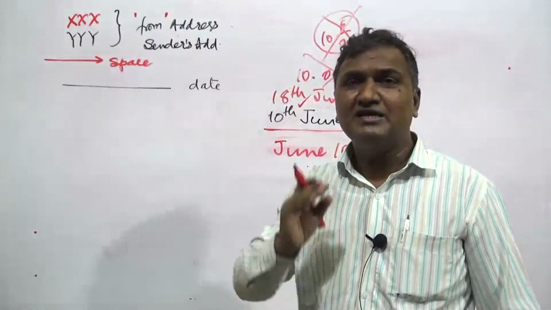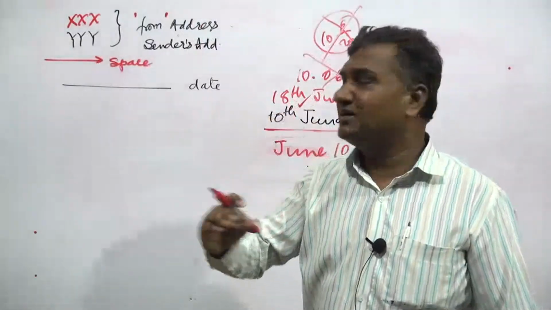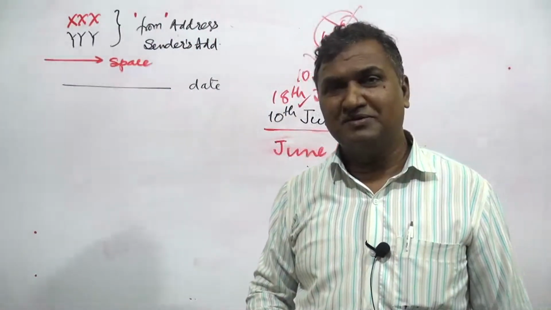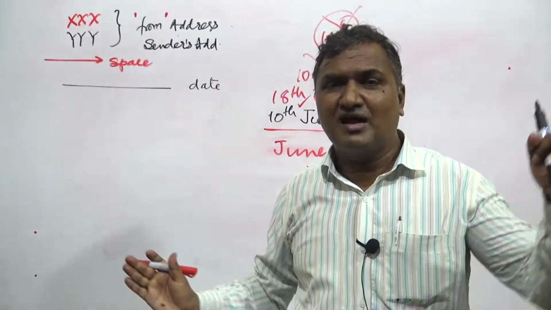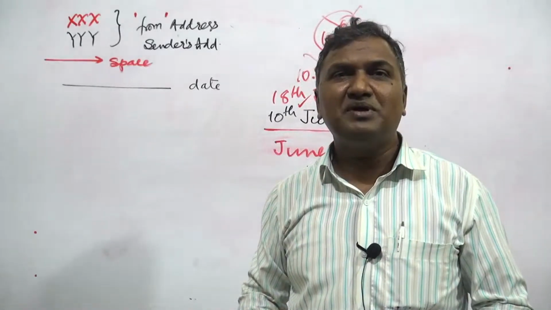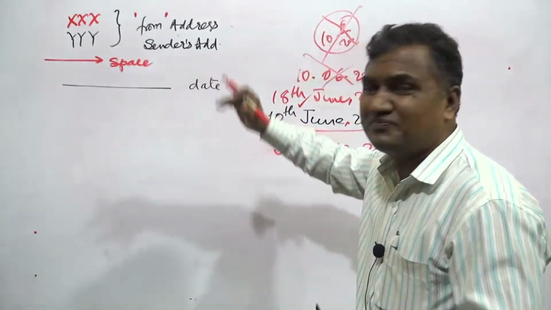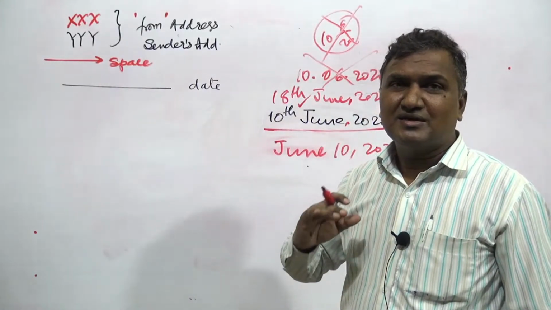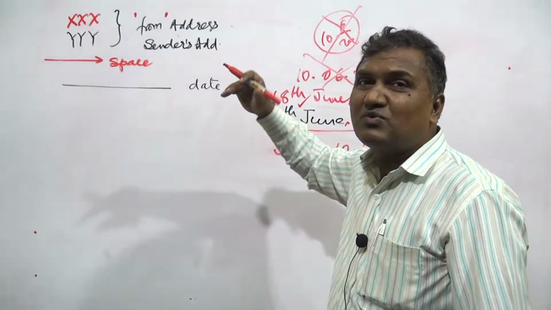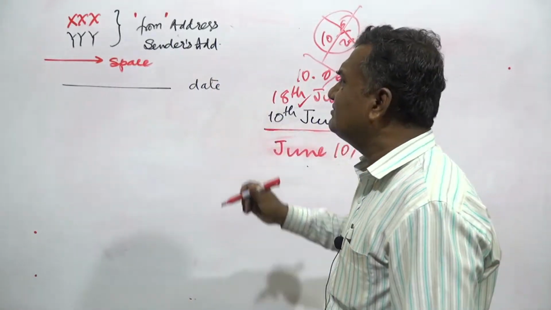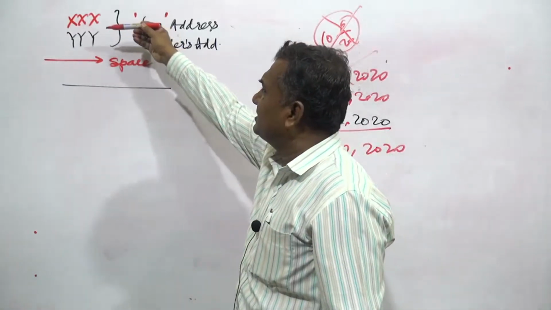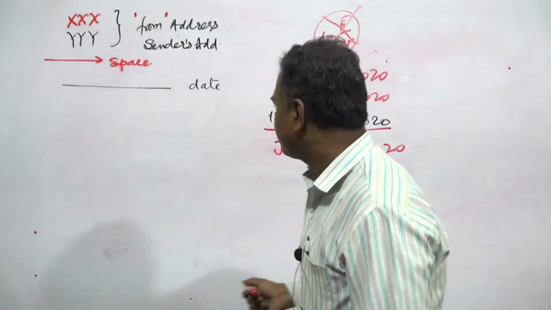And that's why I say, leave a space between every part of the letter. Everything is on the left side, right? And if you are cramming everything together, we'll not be able to separate them. We'll not be able to read easily what is what. So it is better to leave the space between the two parts of the letter.